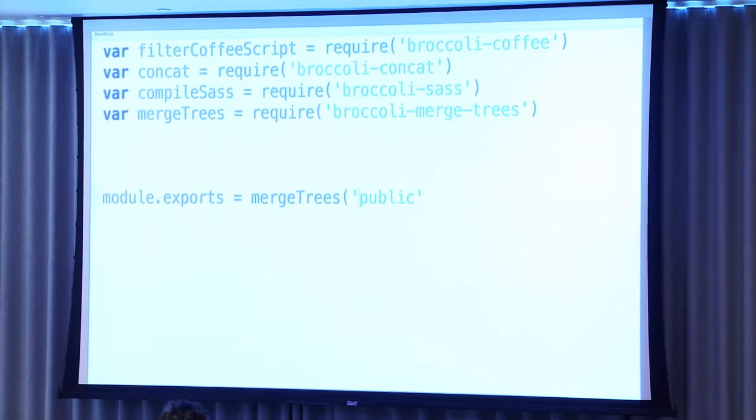Let's now take the files from the lib directory and copy them into the output. So we call the mergeTrees function, the plugin, on the lib directory and the public directory. And that is going to return a virtual directory, a virtual tree, that contains the files in the lib directory with the files in the public directory copied on top.